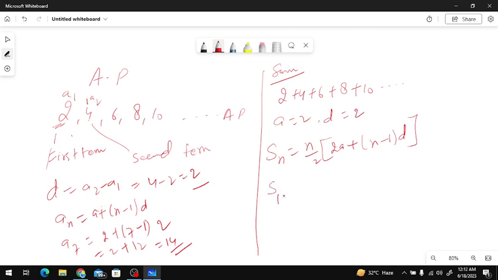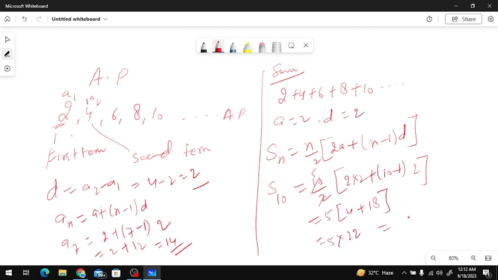If I want to get the sum of the 10th term, I write 10 over 2, 2 into 2 plus 10 minus 1 into d, meaning 2. Cancel it: 5, 4 and 18. So 5 into 22, it's 110.